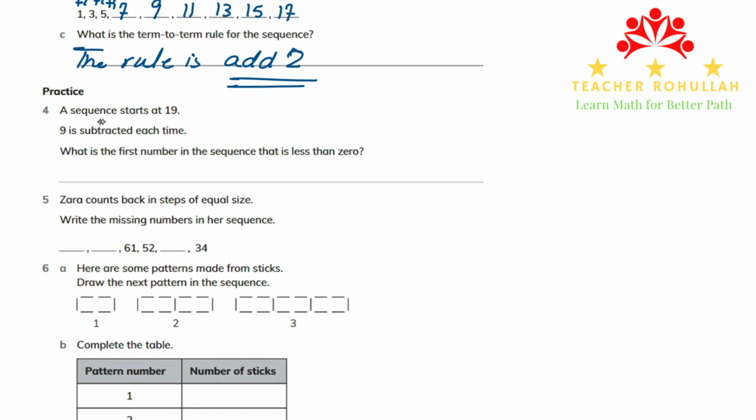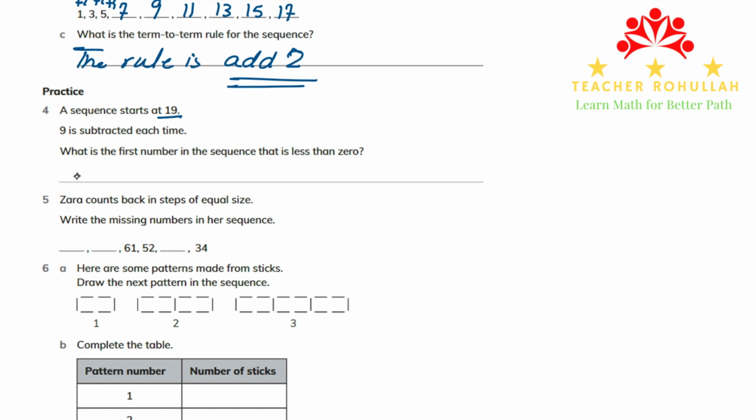In question number 4, it says, a sequence starts at 19. 9 is subtracted each time. What is the first number in the sequence that is less than 0? Less than 0.